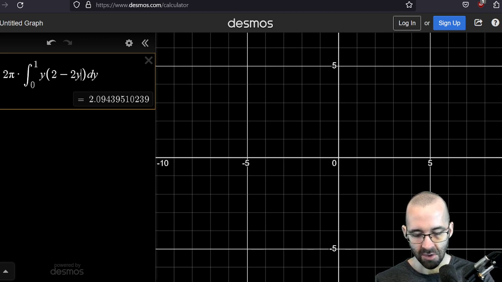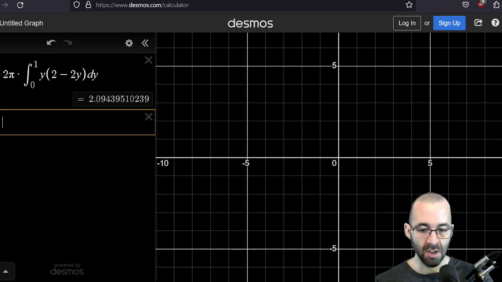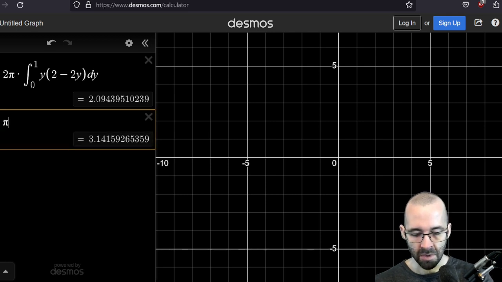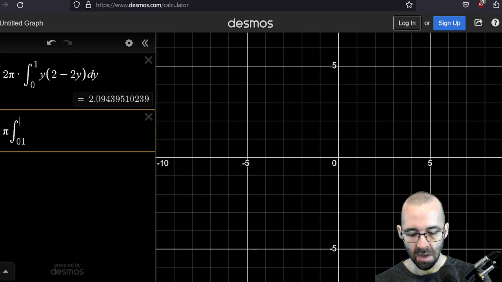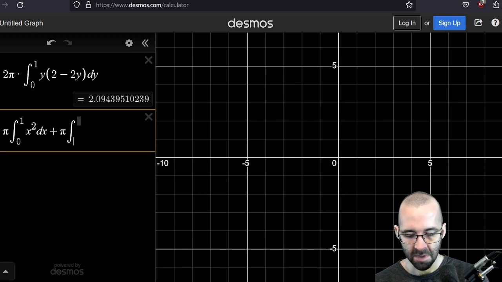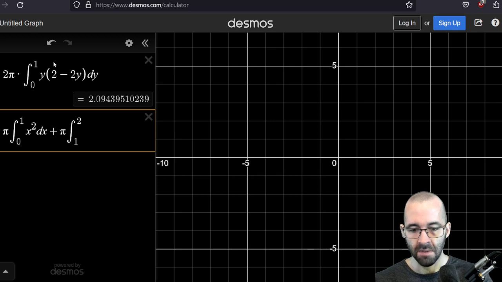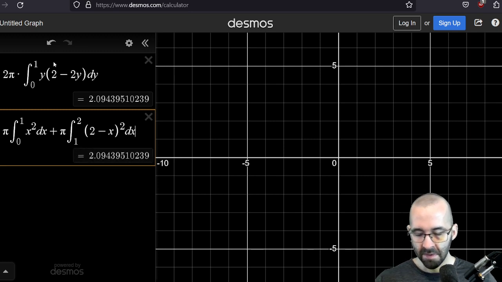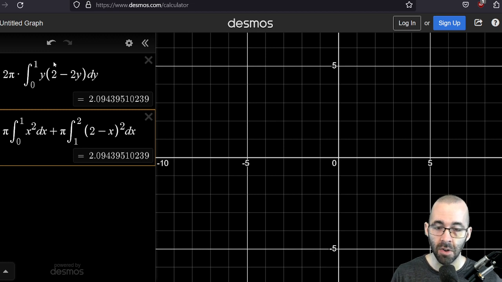That was our shell method. The other one was pi times the integral from 0 to 1 of just x squared dx plus pi times the integral from 1 to 2 of 2 minus x squared dx. Same volume.